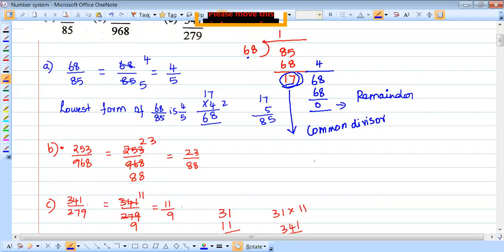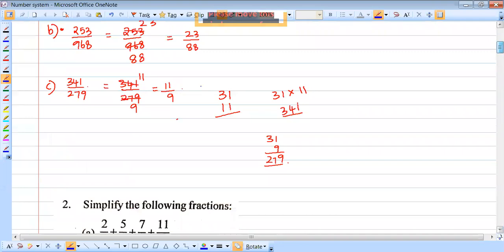So let's discuss the same method for this one also. How can we choose 31 as the common factor? Next. Here, let me check the same method.